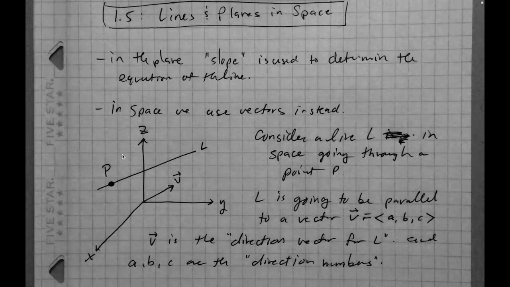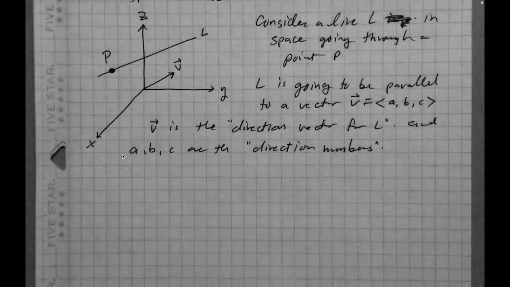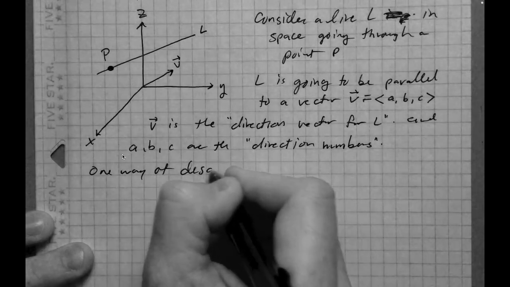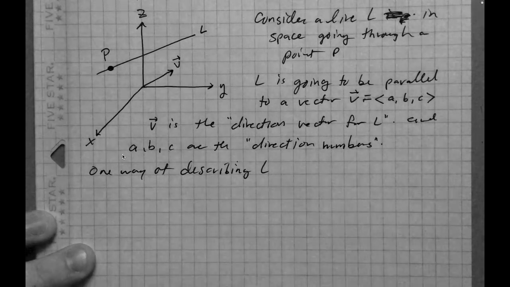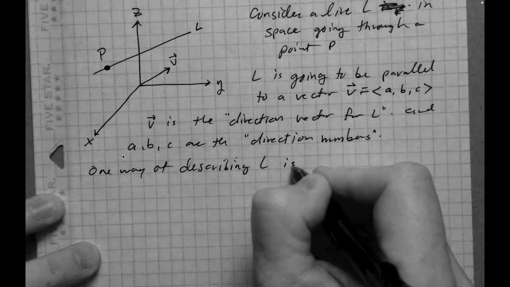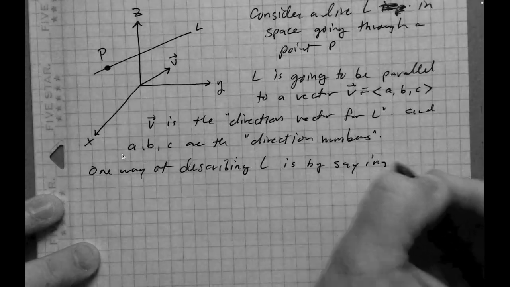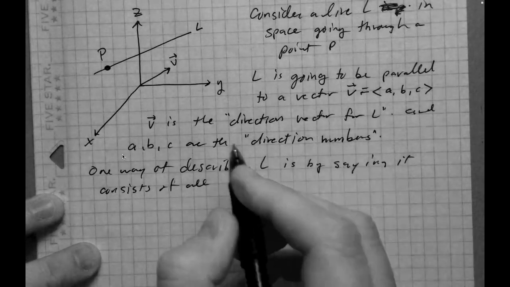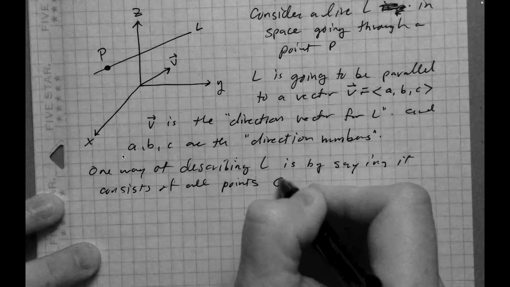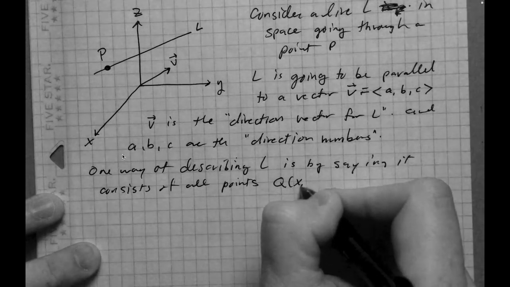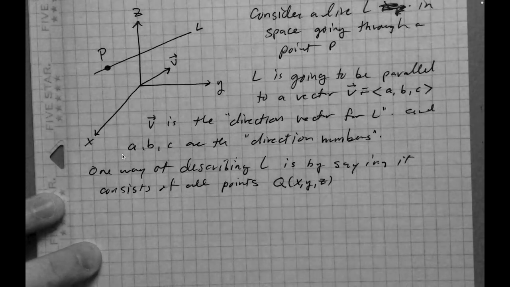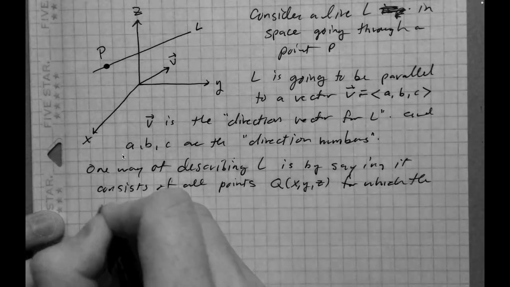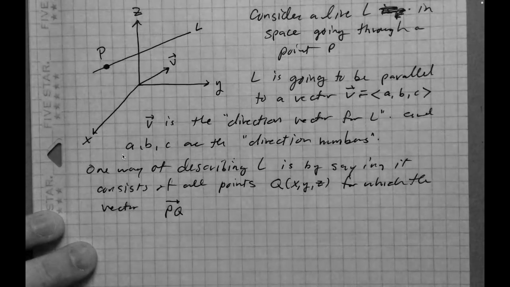One way of describing L would be by saying it consists of all points Q, where Q is an (x, y, z) point in space, for which the vector PQ is parallel to v.